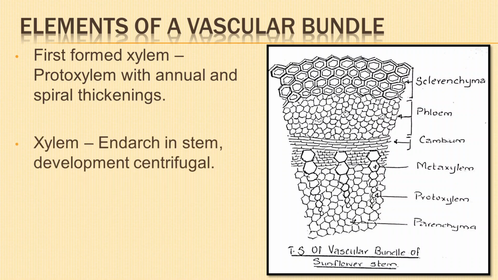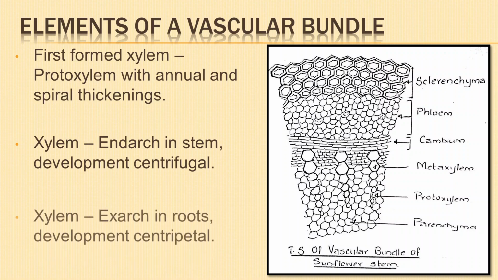Xylem is endarch in stem, that is, protoxylem with vessels having smaller cavities are towards the center, while metaxylem, which are formed later with bigger reticulate and pitted vessels, are away from the center. Its development is centrifugal.